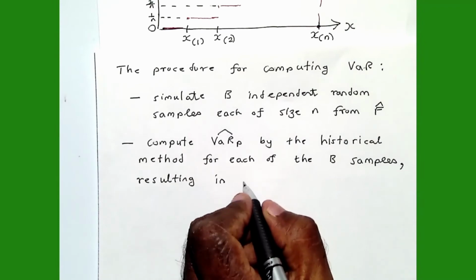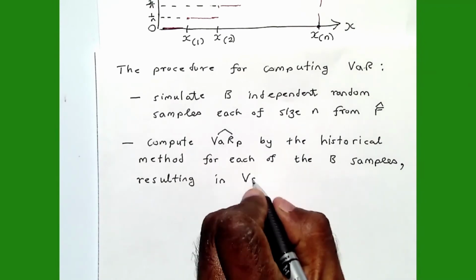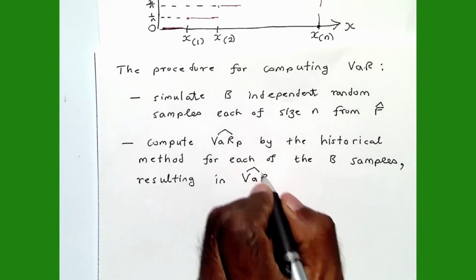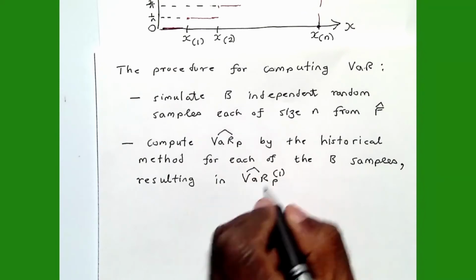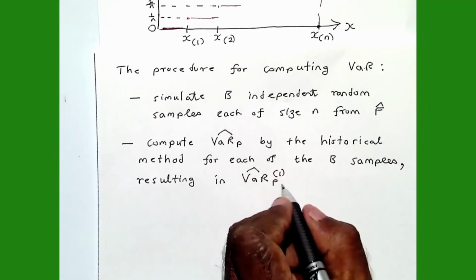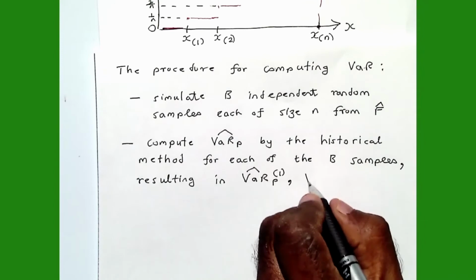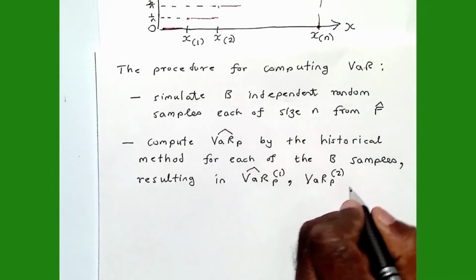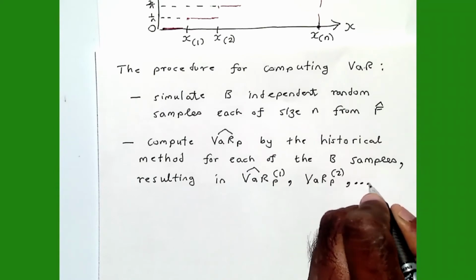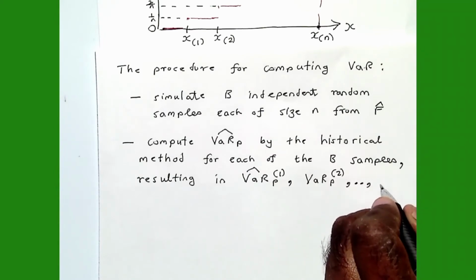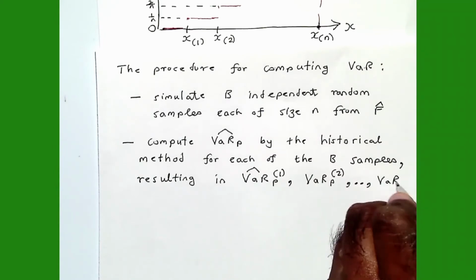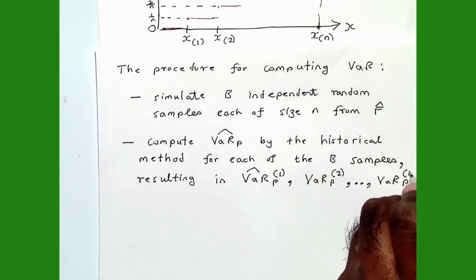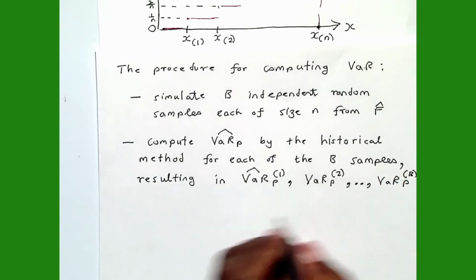Let me give you some notation. Let this denote the estimate for VaR for the first sample, this denote the estimate for VaR for the second sample, and so on until you have B samples. Let this denote the estimate for VaR for the bth sample.